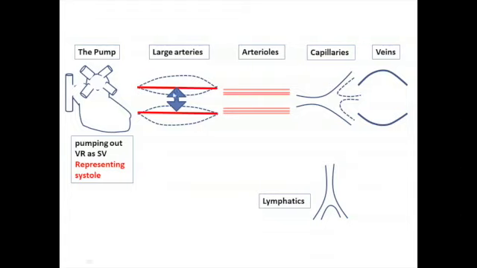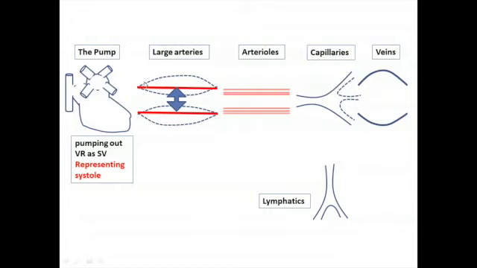And actually, with the next compartment, the larger arteries, you will recognize that even the diastolic pressure is created by the heart. How? When the heart contracts and creates the systolic pressure, the large arteries, including the aorta and large branches, will dilate and expand because of the elastic recoil, or the elastic property, of the arteries.